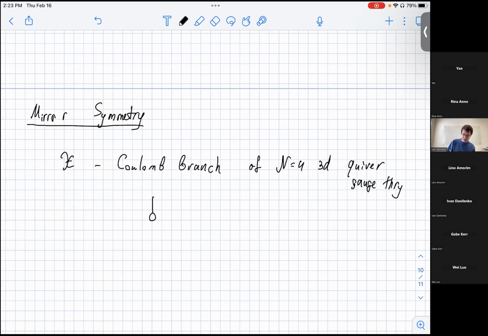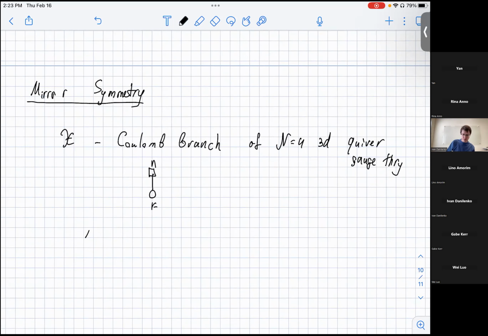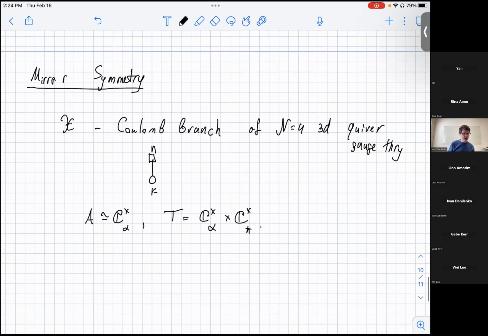And for simplicity, I'll just look at the framed quiver like this. So as before, my symplectomorphic torus will be one-dimensional, and I'll call the corresponding character alpha. And the big torus is just extended by this thing.